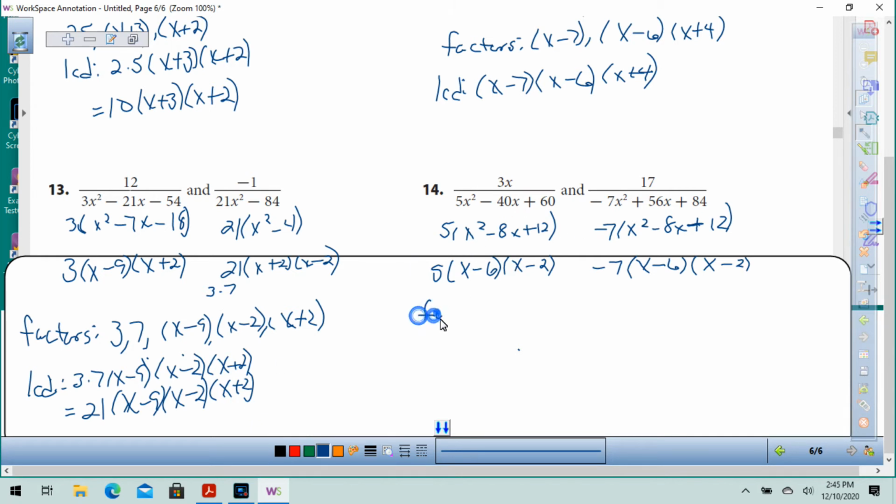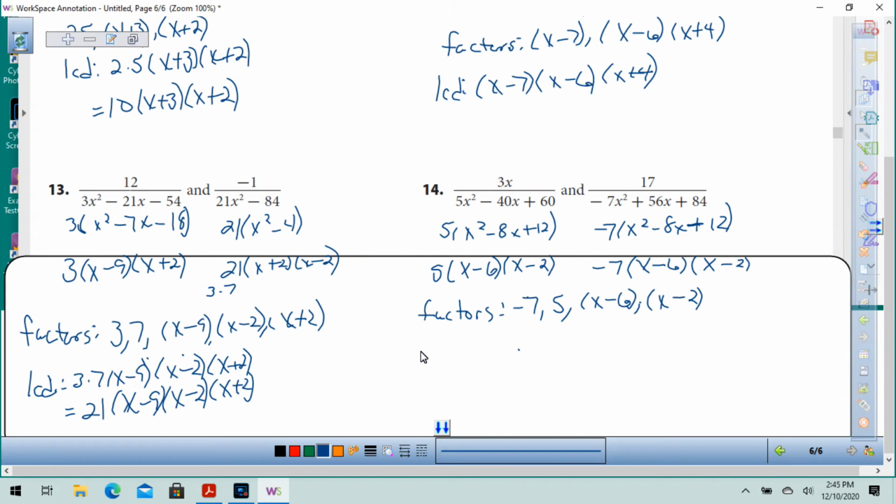So my factors, what is, I got, let's see, negative 7, I got a 5, I have an x minus 6, and I have an x minus 2. Let's see here. Yeah, that should have been minus, because I took a negative 7 out there. There we go.